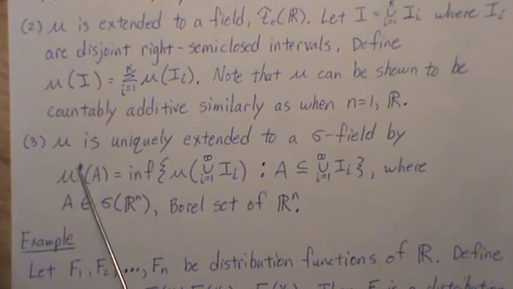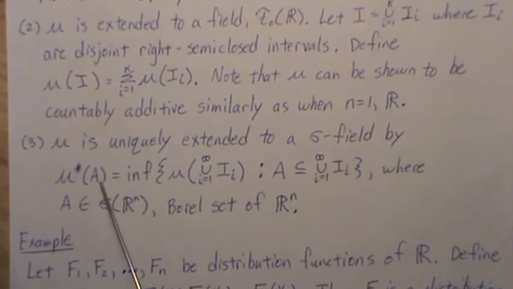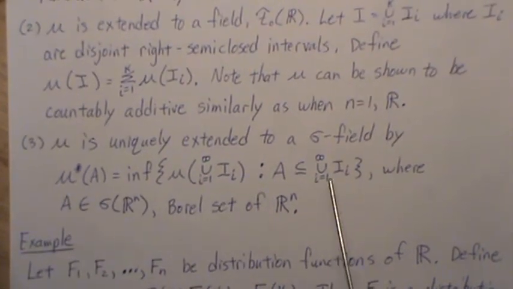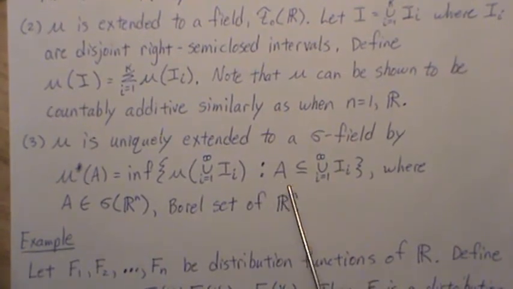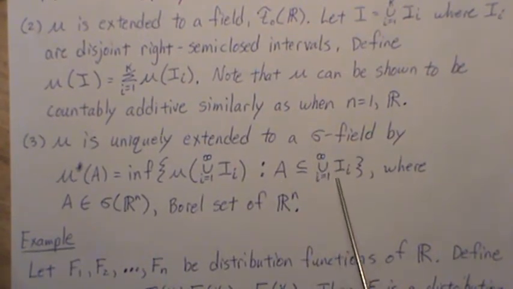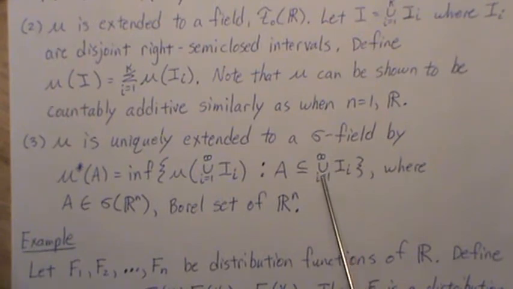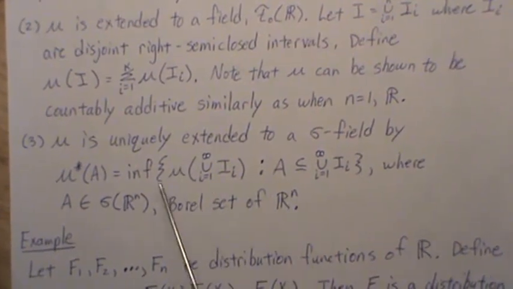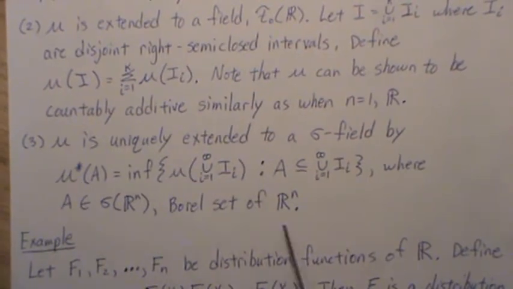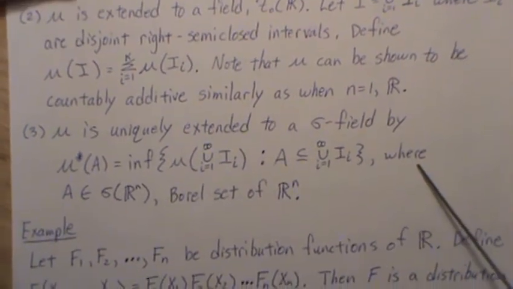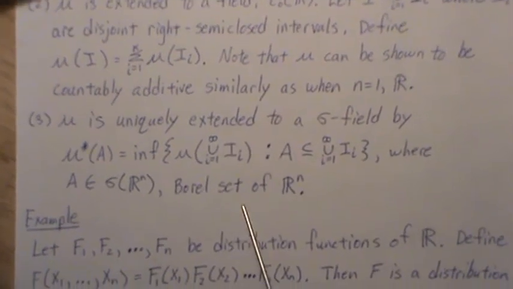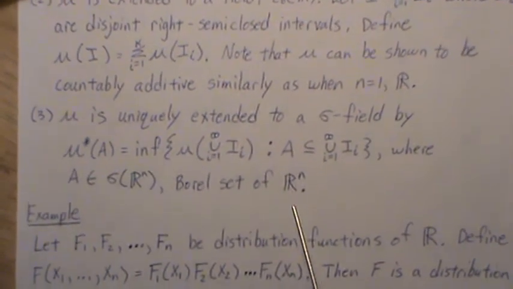So the Lebesgue-Stieltjes measure of A is the infimum over all sets that cover A, right? And so we find all of them, and then one of them is going to have the smallest measure, and that's what we take, and that's the measure of A on this sigma field, where A is in the sigma field of Rn, which are the Borel sets of Rn.